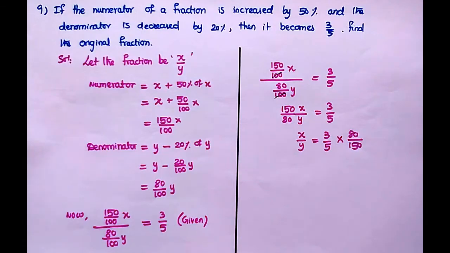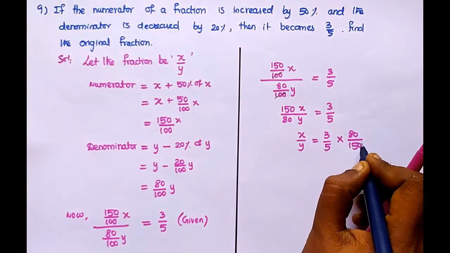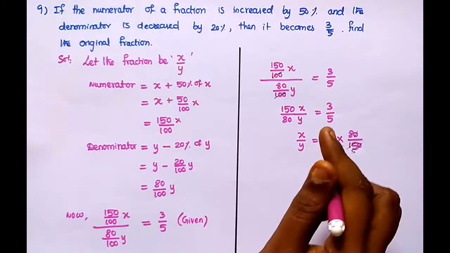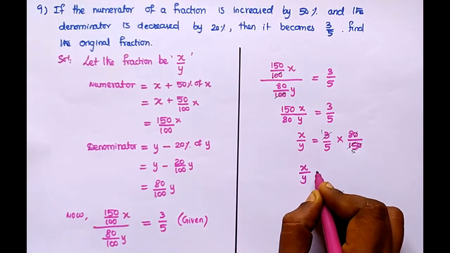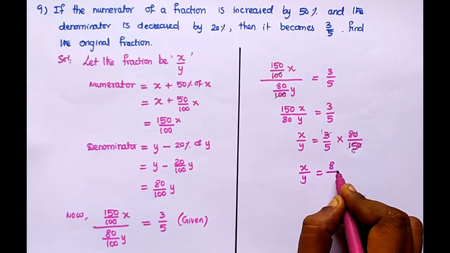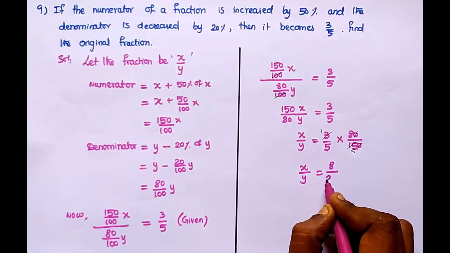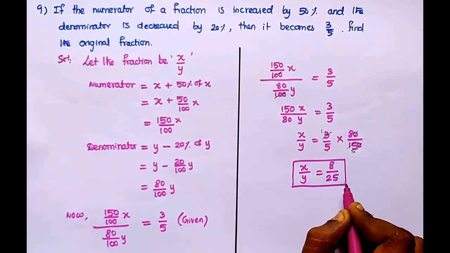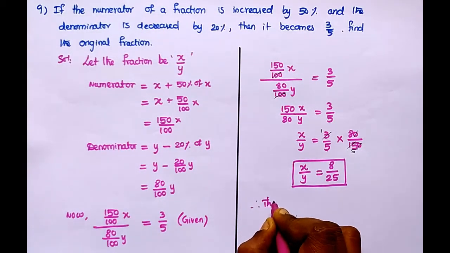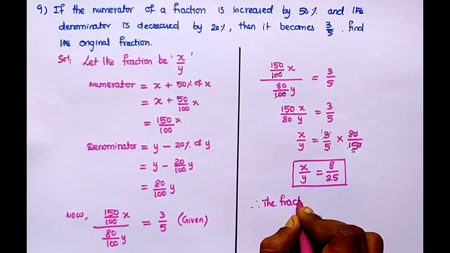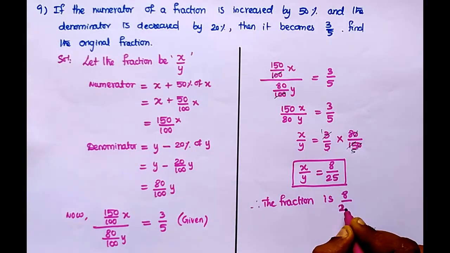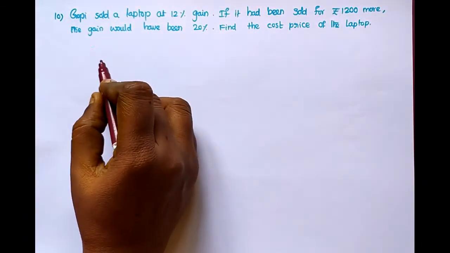Now cancel these numbers, 0 and 0 cancelled, 1 3 is 3, 5 3 is 15. So x/y equals 8/25. Therefore the fraction is 8/25. That is the answer.